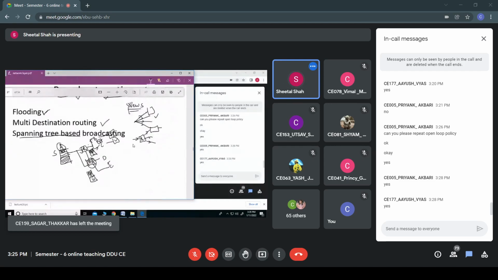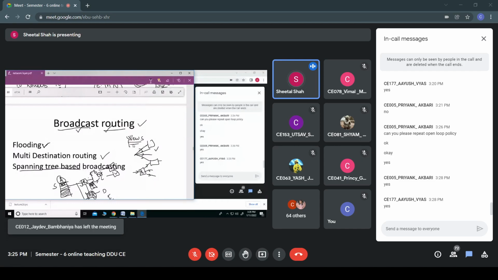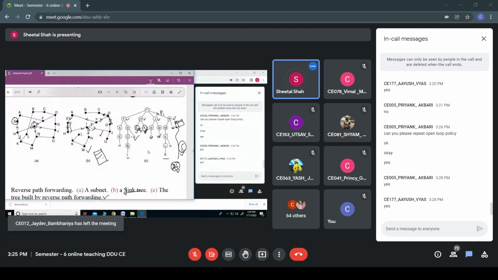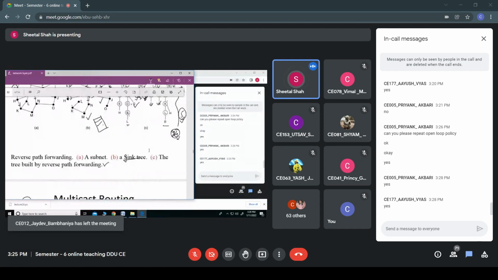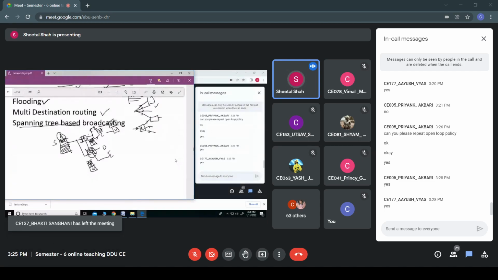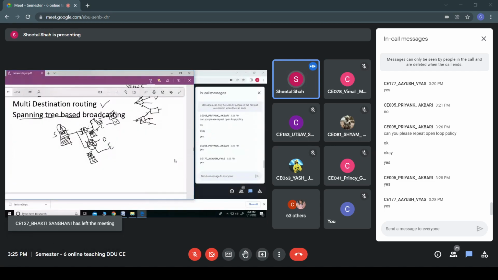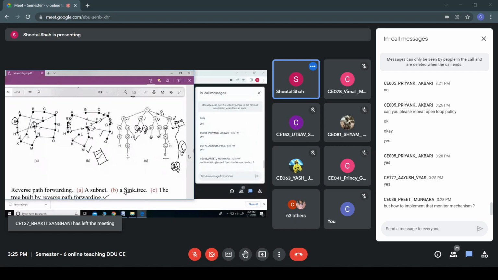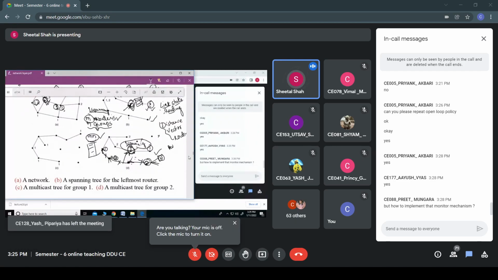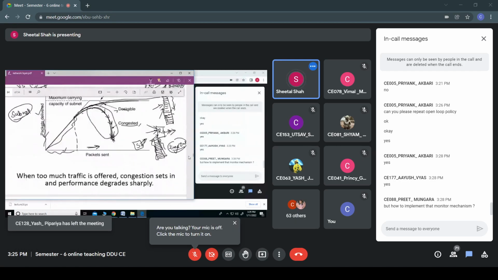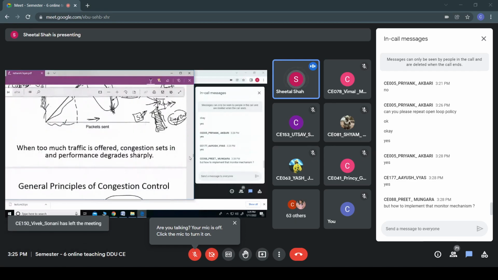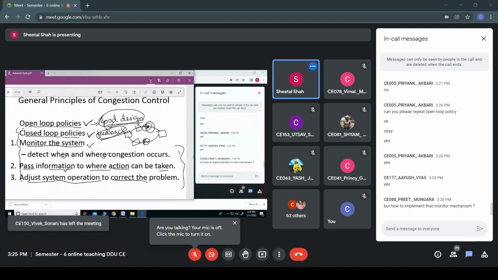Hierarchical routing, broadcast routing we have discussed, and different types of broadcasting, flooding, spanning tree, multi-destination, etc. Then multicast routing, and then congestion, some details about the congestion. So that we'll see as we go further. Okay.